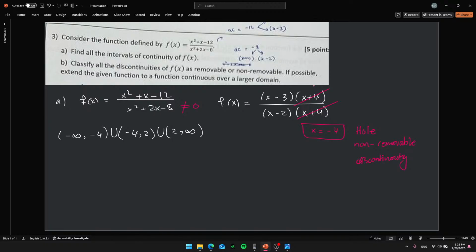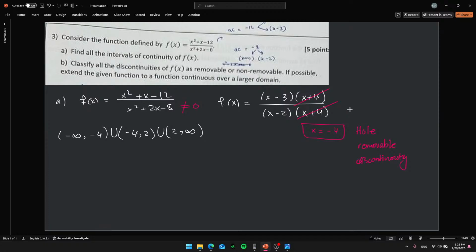If I could cancel a problem in the domain, then it's a removable discontinuity, right? As I showed you in the graph, I can cancel the problem if I define that point at that hole.